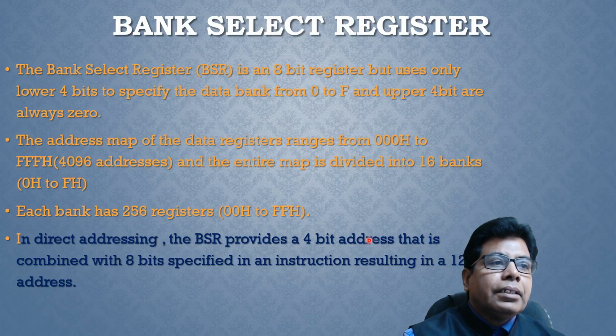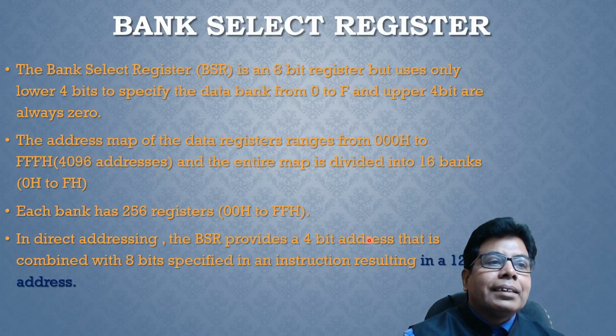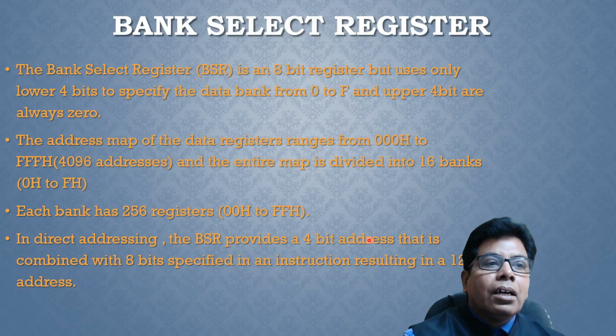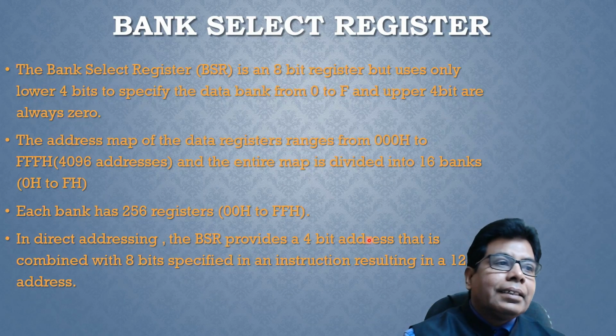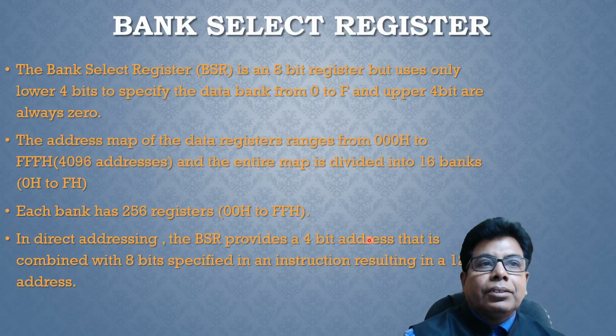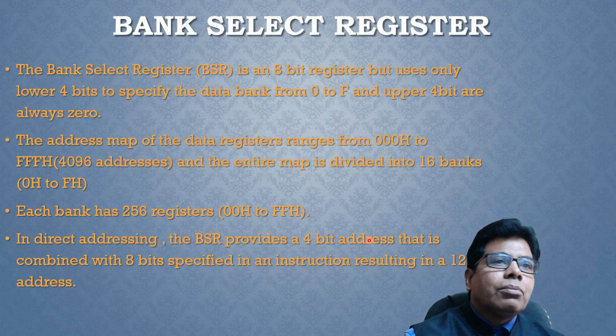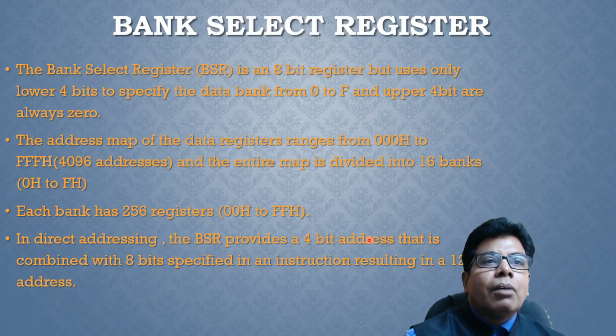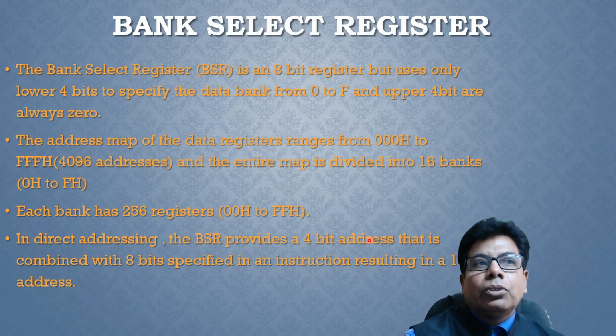Then in indirect addressing, the bank select register BSR provides a 4-bit address that is combined with the 8 bits specified in the instruction, resulting in a 12-bit address. So here you have to remember that only the 4 lower bits are used and the 4 upper bits will always be 0 for the bank select register.